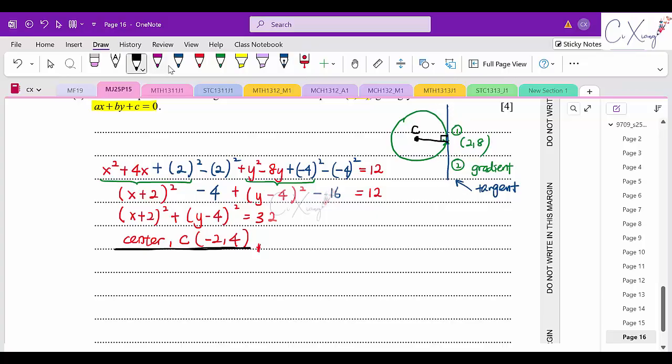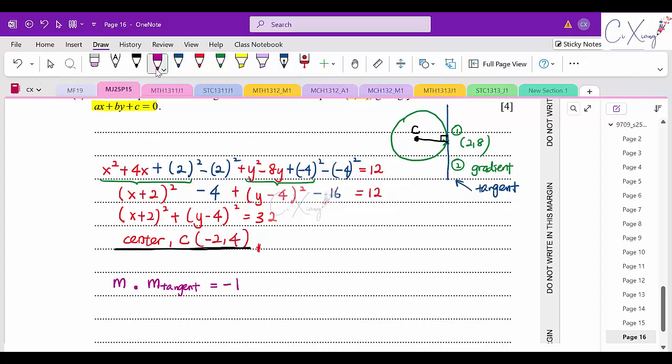Now we try to figure out the gradient. The gradient from the center to the point multiplied by the gradient of the tangent should equal negative 1, because they are perpendicular to each other.